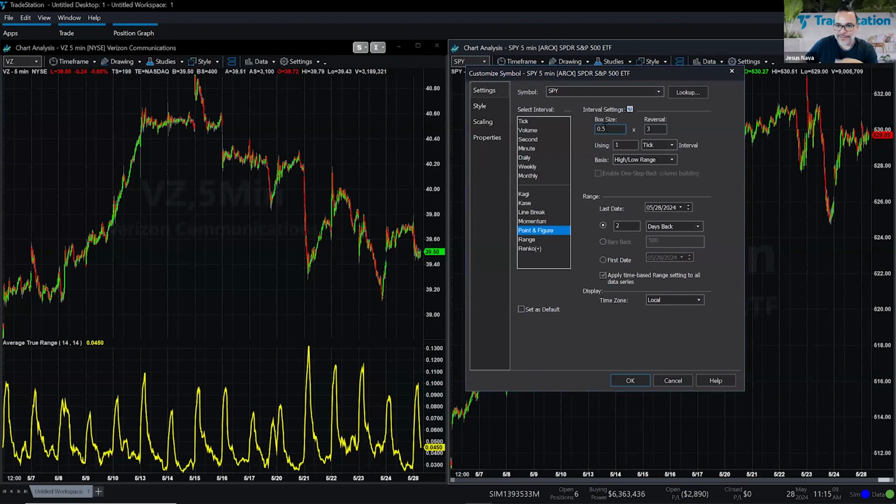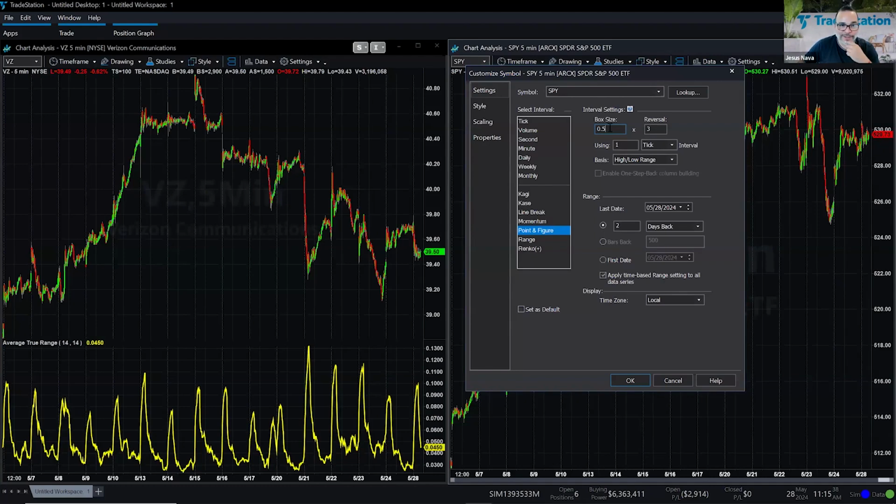If we set that to 0.5, we just have to be aware of what that represents. How long is it going to take Verizon to trade this box size of 50 cents? Considering that the average movement is 4 cents for every 5-minute bar, that tells you something about what should be put into the box size, something that is a significant price movement.